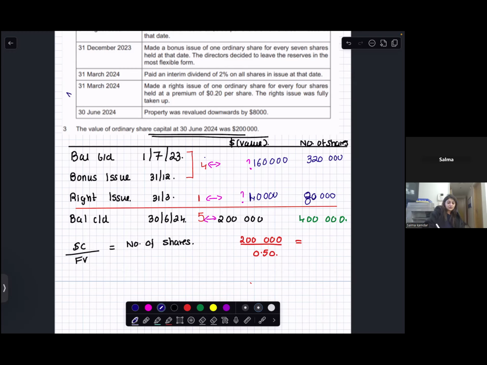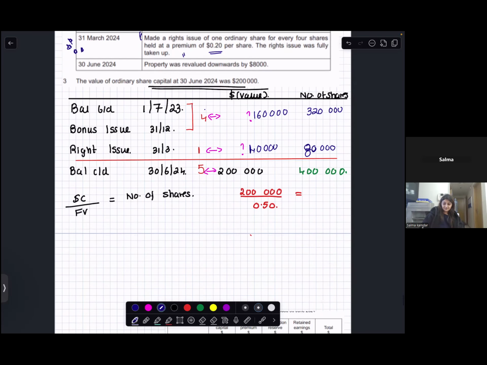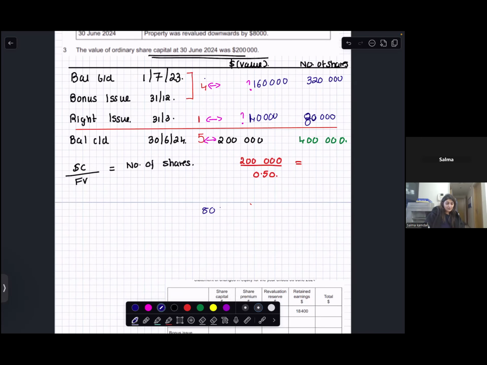Now let's sort out with the right issue. Read this. Made a right issue of 1 ordinary share for every 4 held at a premium of 0.20. 80,000 into face value would give me something that would go in the capital.